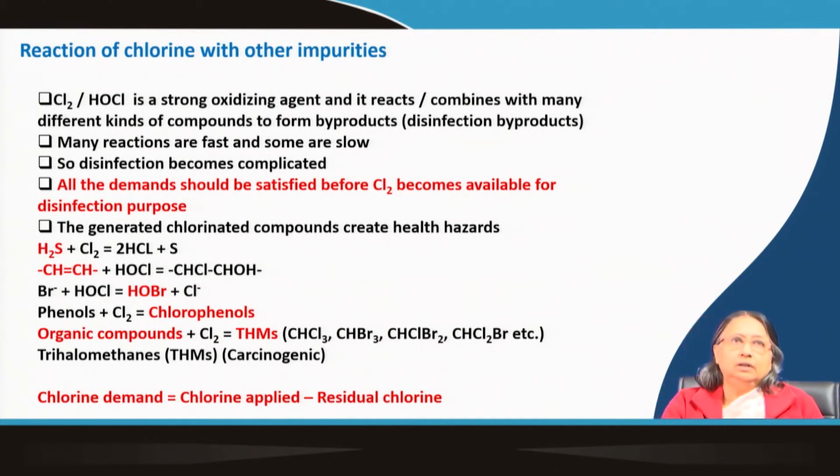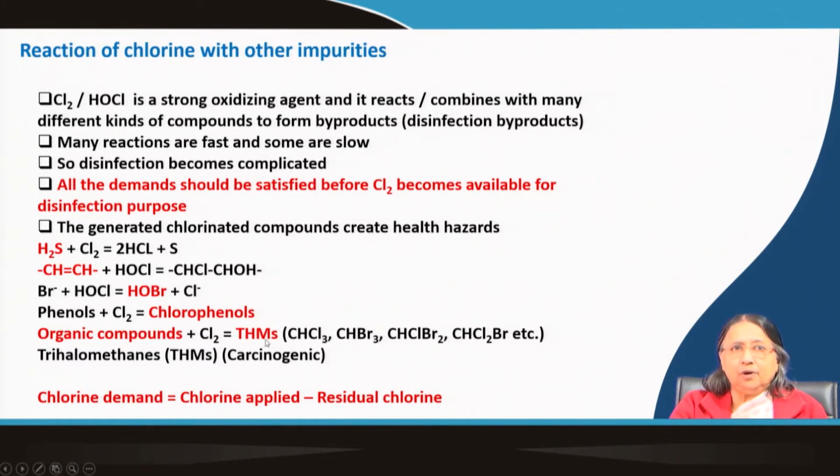So, they are not very good substances for our health. Chlorophenols are formed. Then organic compounds, humic substances, are very common in water. Humic substances are very stable compounds, but they can react with chlorine to form a special group of compounds which are known as THMs.